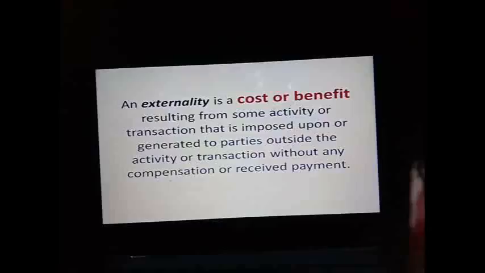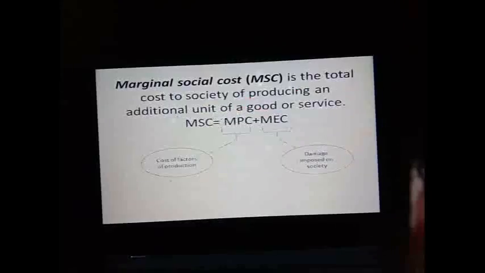So when we are generating some values, positive or negative, and for that we are not making any payment, then it doesn't come under the market mechanism, and that leads to market failure.